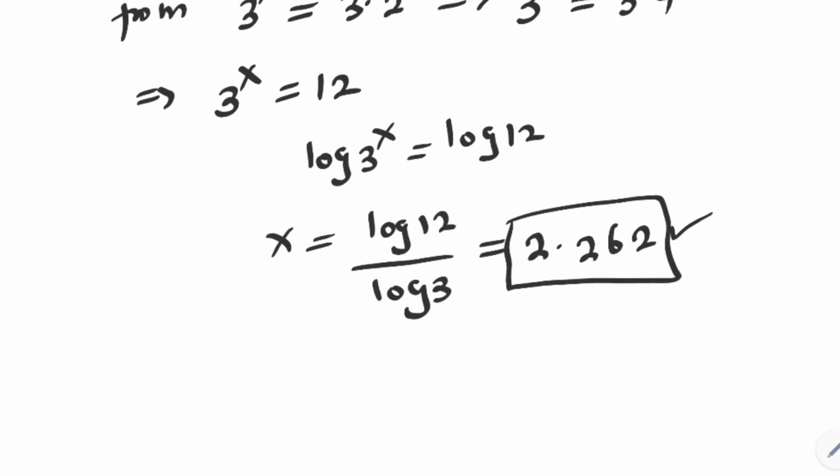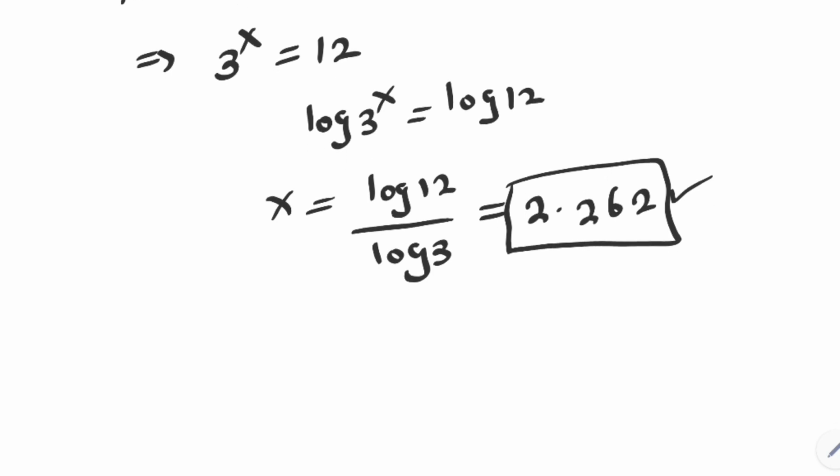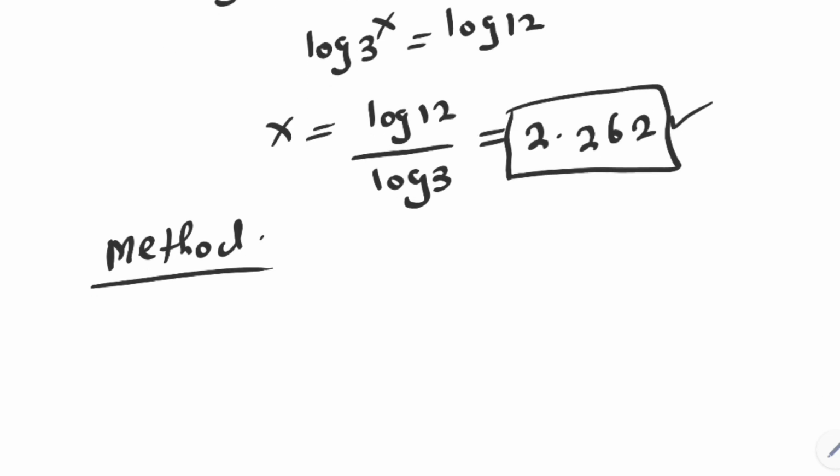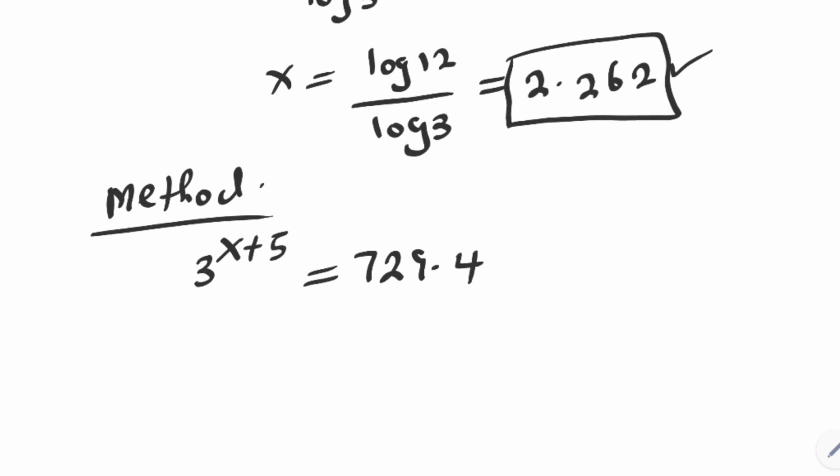Now let us consider the second method called the method of natural logarithm. We have the given equation 3 raised to power x plus 5 is equal to 729 multiplied by 4. This is the same thing as 3 raised to power x is equal to 12.